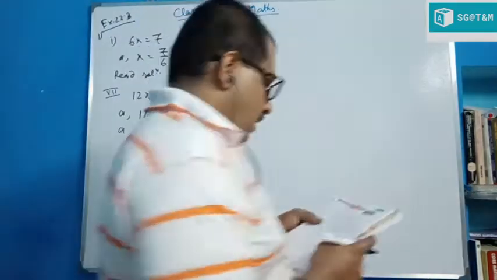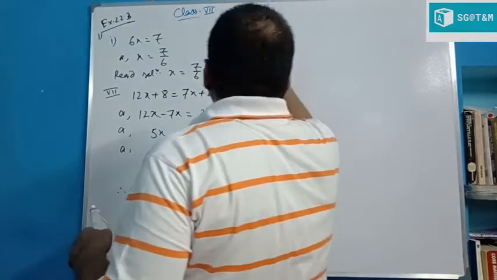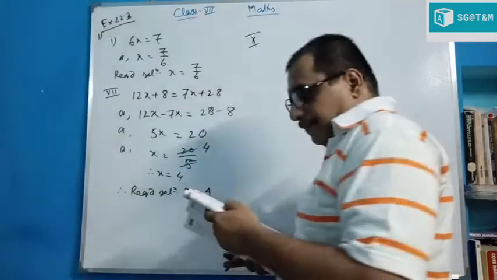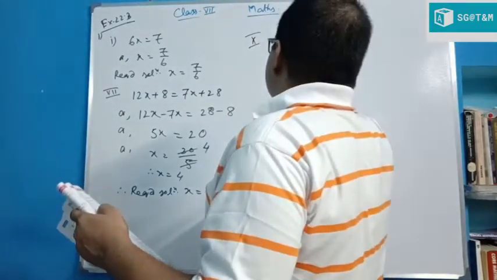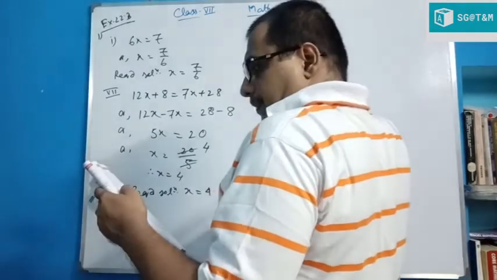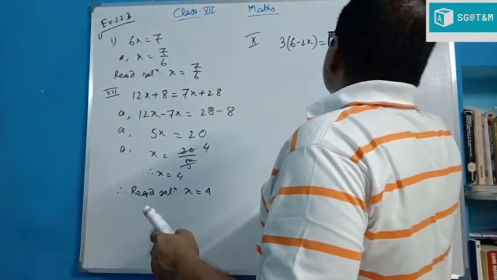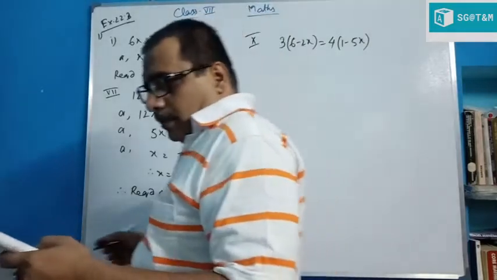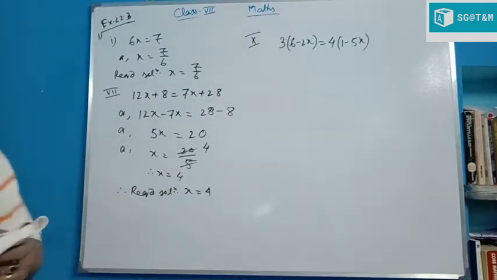After that we start problem number 10. 3 into 6 minus 2x equals 4 into 1 minus 5x.